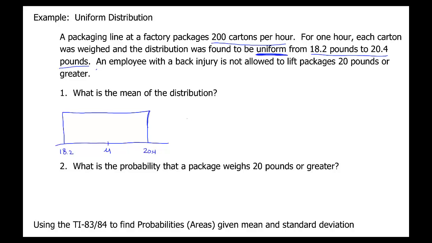So let's calculate the mean. The mean for a uniform distribution is just going to be the minimum and maximum added together and then divided by 2.